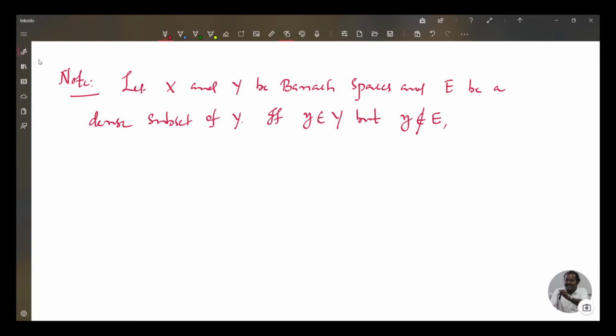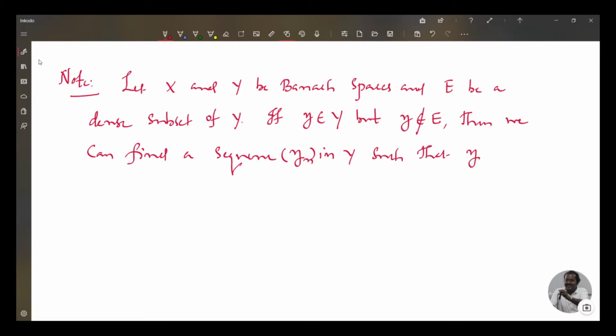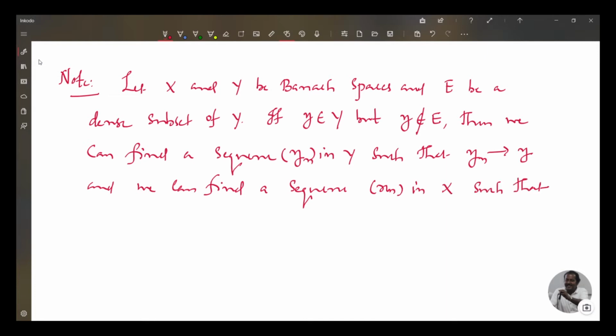And we can find a sequence xn in X such that f(xn) = yn for n = 1, 2, etc.